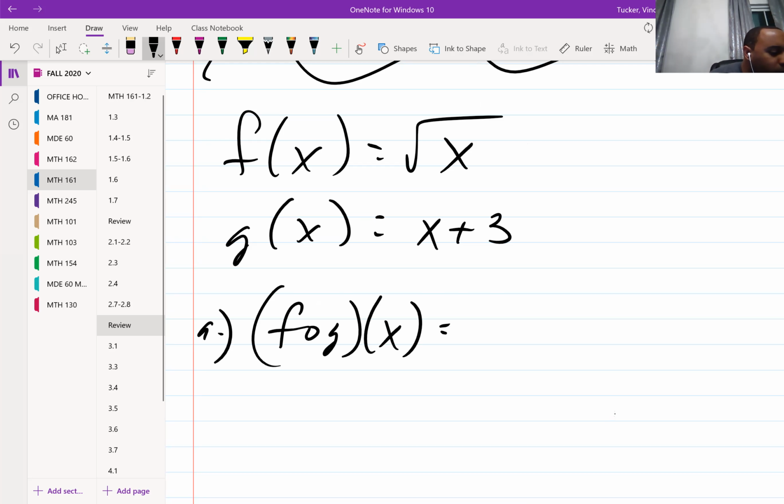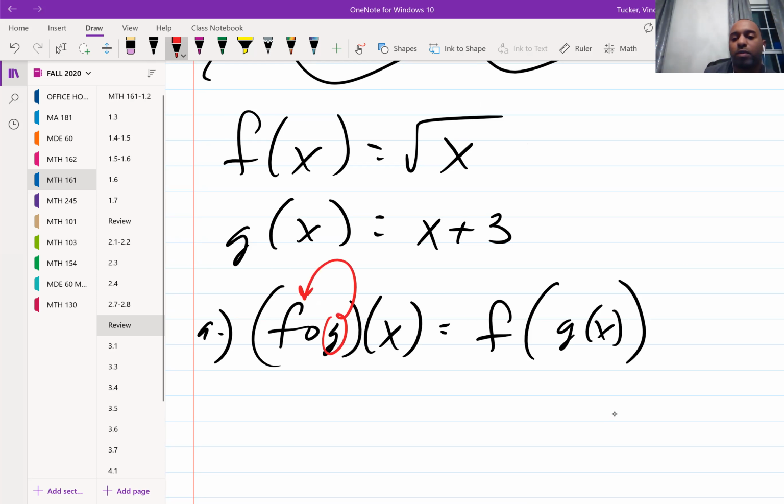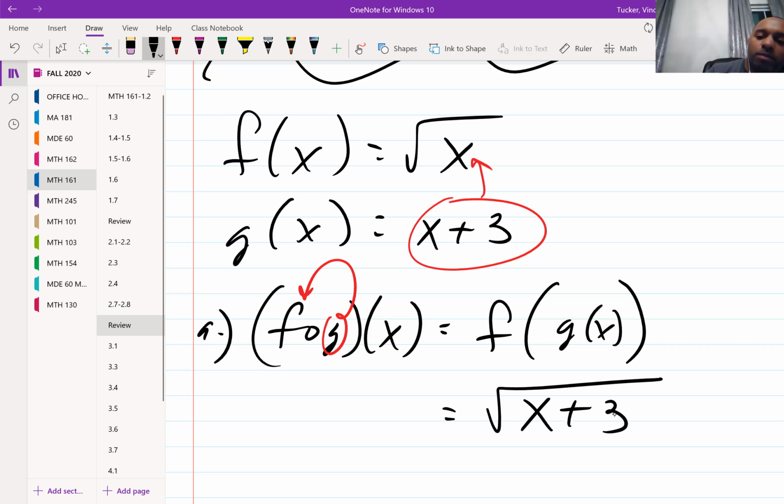All right, so they want us to first find, and we used to call it f of g of X. So that means you want to take that second function, g of X, and plug it into the first function, f of X. So we're going to take X plus 3, plug it in wherever you see X. So this is just going to be the square root of X plus 3.